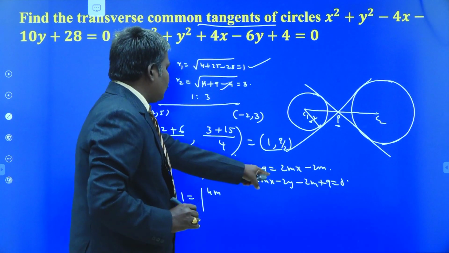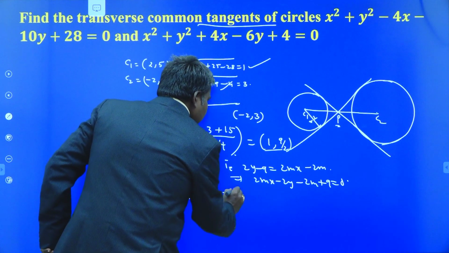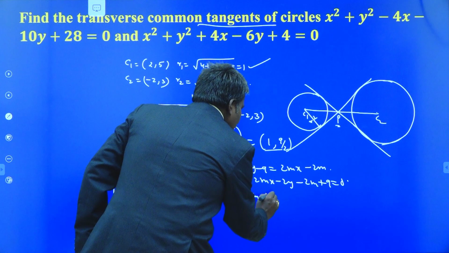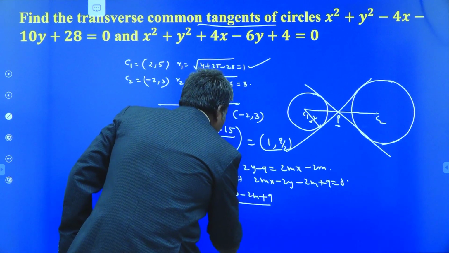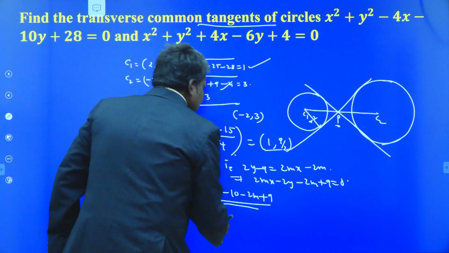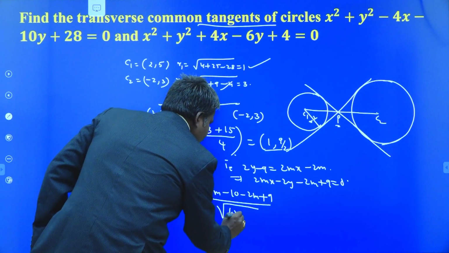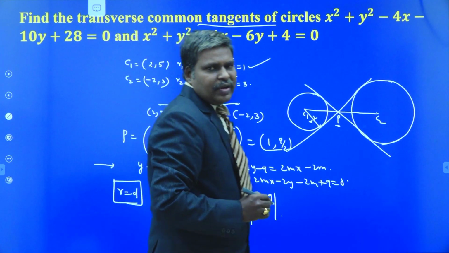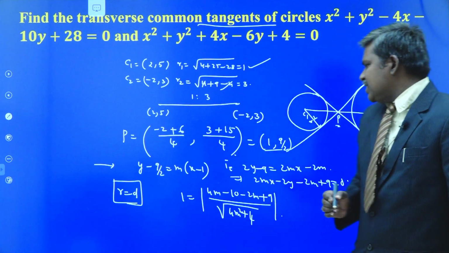Next, 5 into minus 2, that is minus 10. Next, minus 2m plus 9, whole divided by root of (2m) whole square plus 2 square, that is 4m square plus 4. Modulus of ax1 plus by1 plus c by root of a square plus b square.